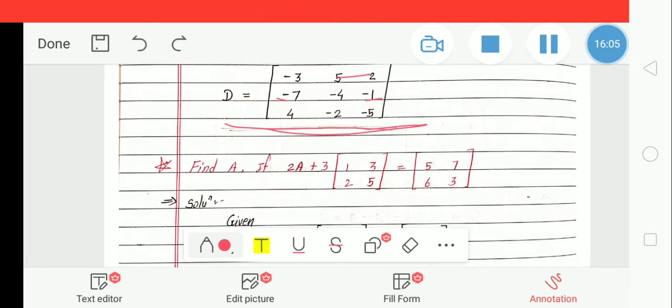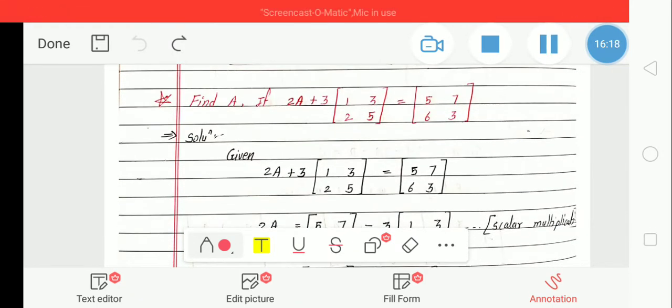Now find A if 2A plus 3 times the matrix 1, 3, 2, 5 is equal to 5, 7, 6, 3. In this we find matrix A. So given 2A plus 3 times 1, 3, 2, 5 is equal to 5, 7, 6, 3.